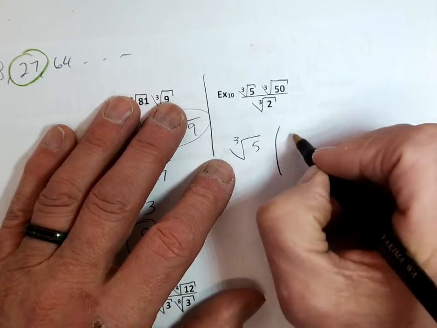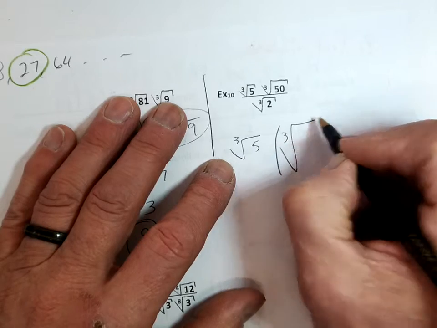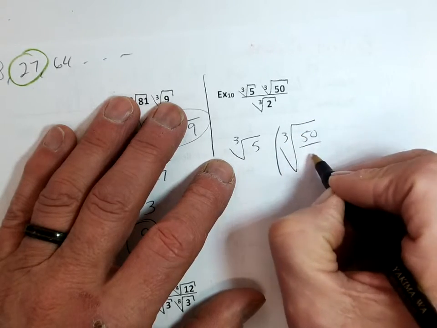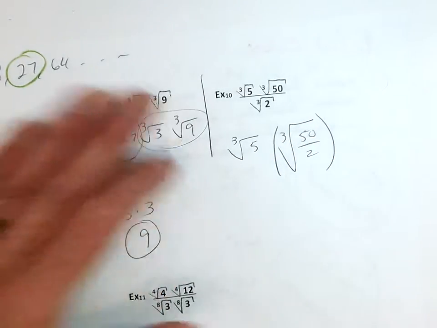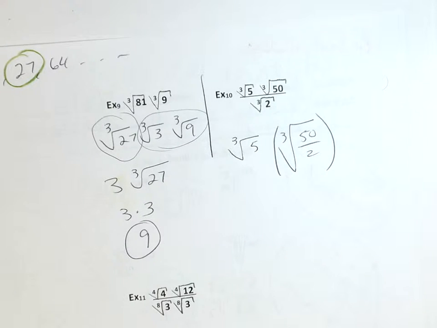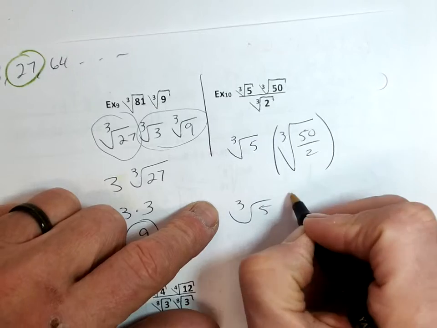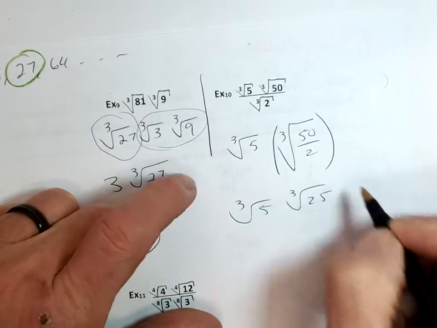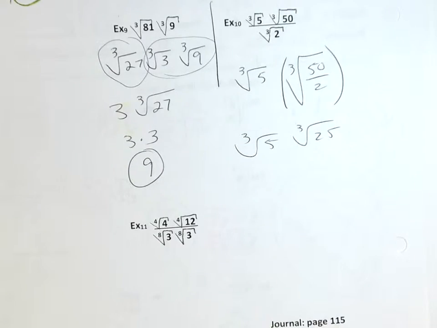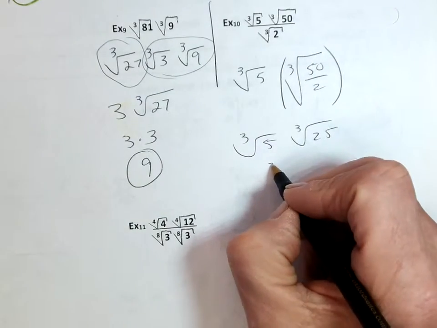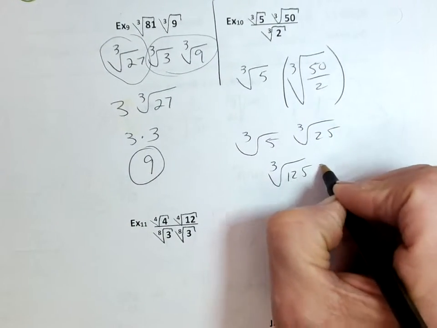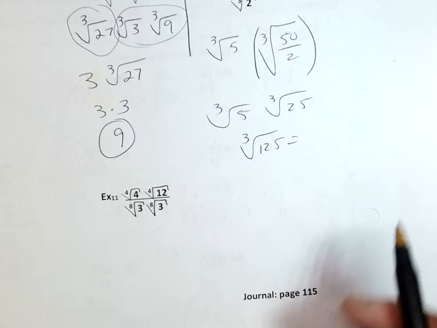Since they're both cube roots, I can make it a big cube root of 50 over 2. Does that make sense? Which is 25. You guys okay with that? Okay, so then I can rewrite this as cube root of 5 times the cube root of 25, which would be the cube root of 125, which is what? 5.